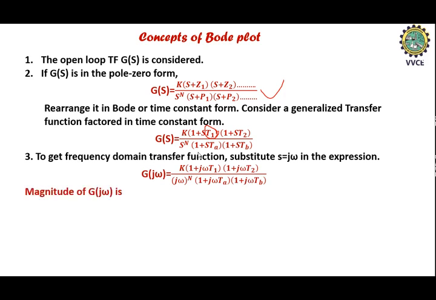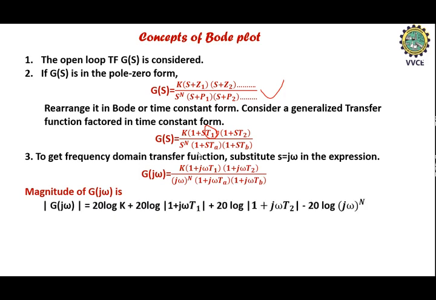So for this expression, how do we find the magnitude? That is, magnitude of G of j omega. It gives 20 log.